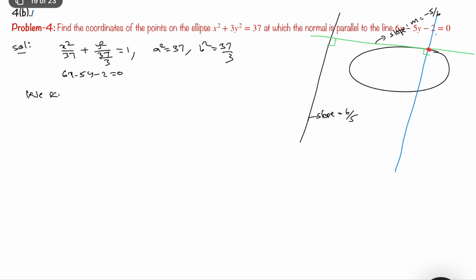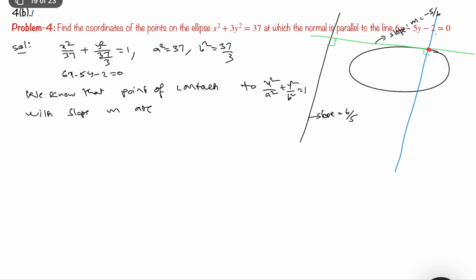We know that the points of contact to the ellipse x square by a square plus y square by b square equal to 1 with slope m are: minus a square m by under root a square m square plus b square, comma, b square by under root a square m square plus b square.